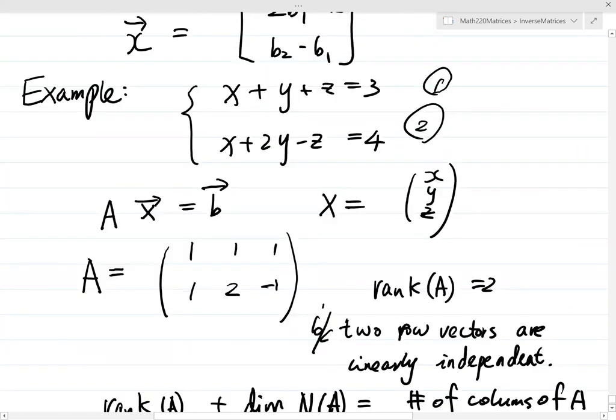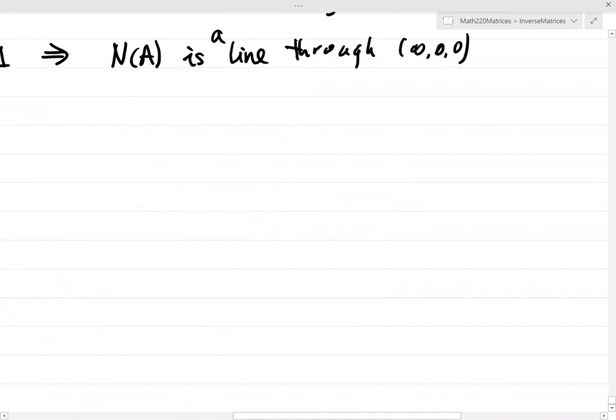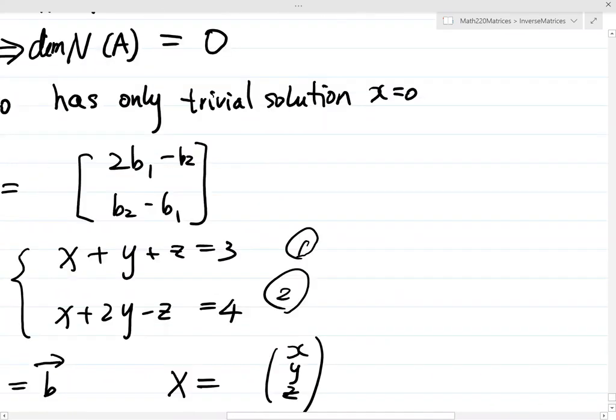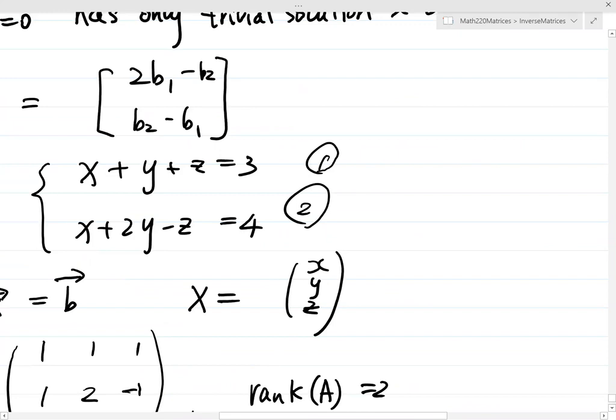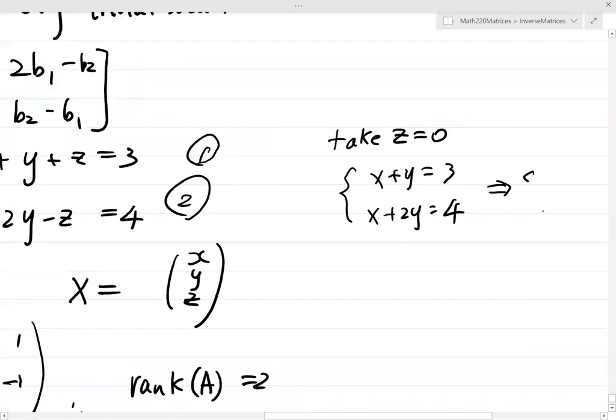You can also take x to be 0, which is also solvable. There are many solutions, we just choose one. Then we get x plus y to be 3, x plus 2y is 4. This is very easy to solve. So x is 2, y is 1. You can easily check. So we get a particular solution.